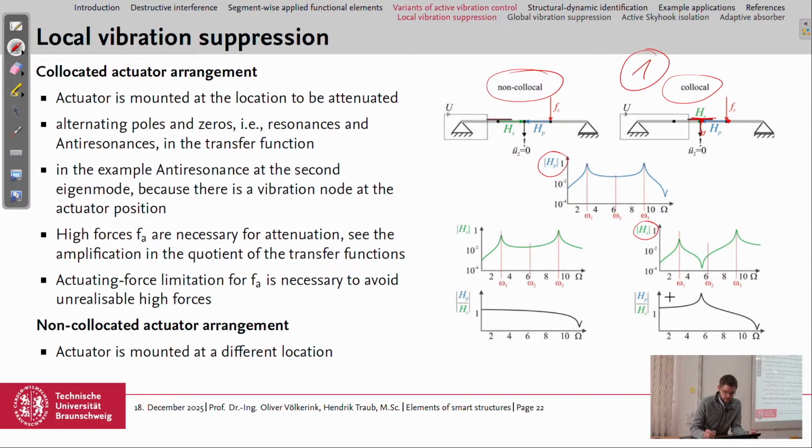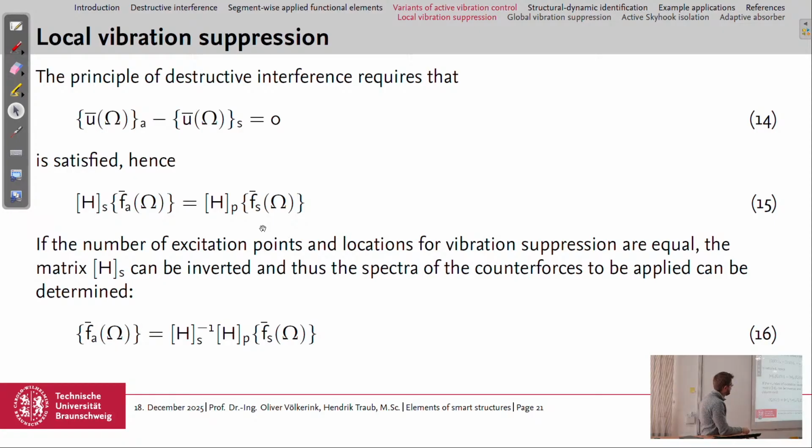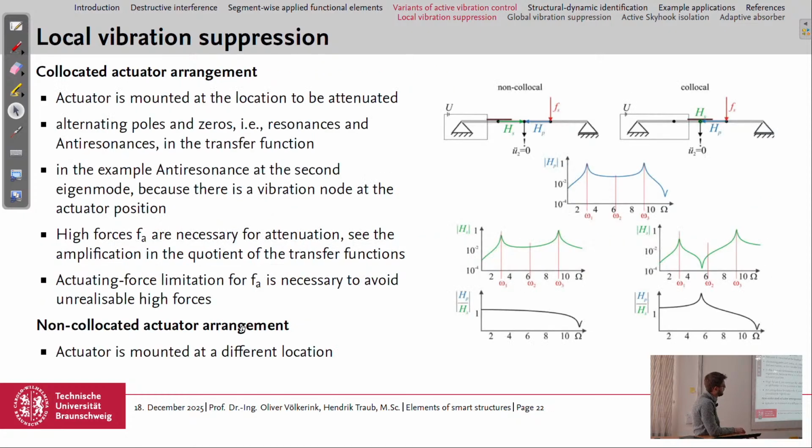What is important, we saw, maybe I quickly go a few slides back, is the inverted matrix of the secondary path times the matrix of the primary path, or here it is written down as the fraction of the two transfer functions.